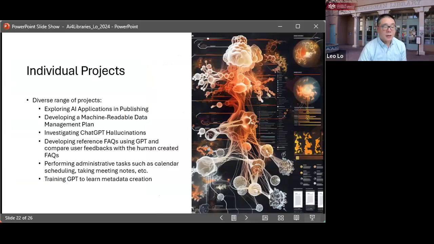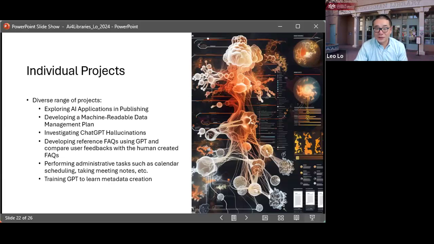One person developed a machine-readable data management plan to help research faculty write grants, because they all need to have a data management plan in their grant proposals. Investigating hallucinations, one reference librarian used GPT to mine all the chat records to develop FAQs and then compare them to our own human-created FAQs.